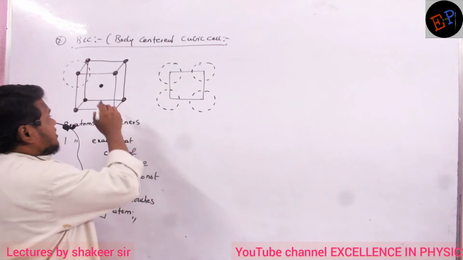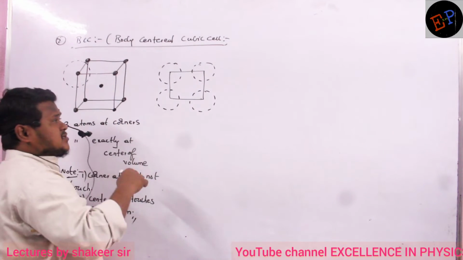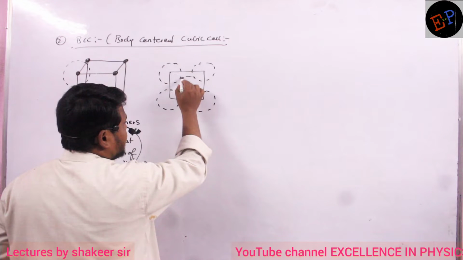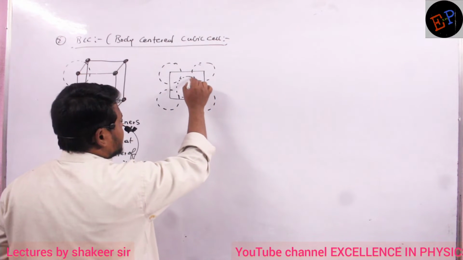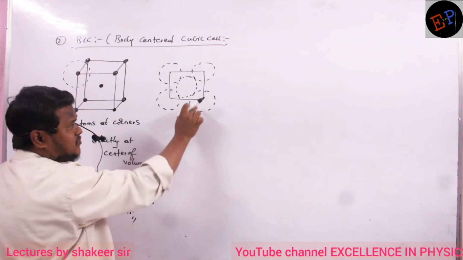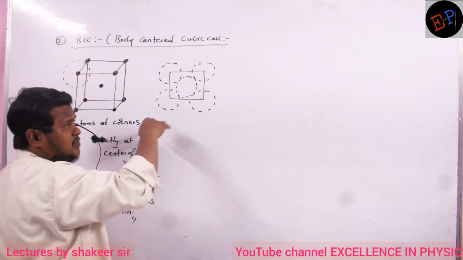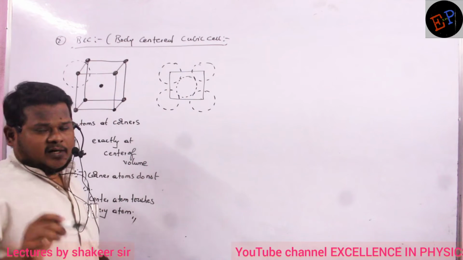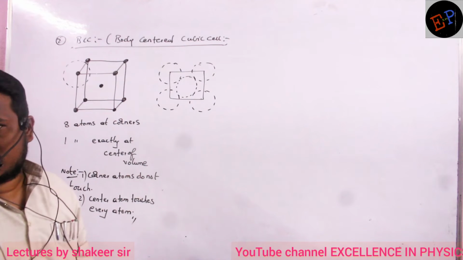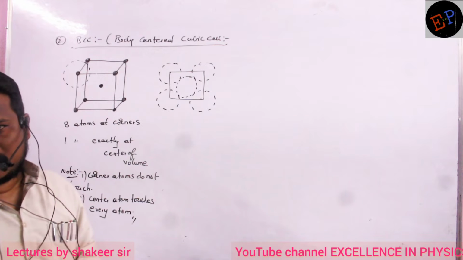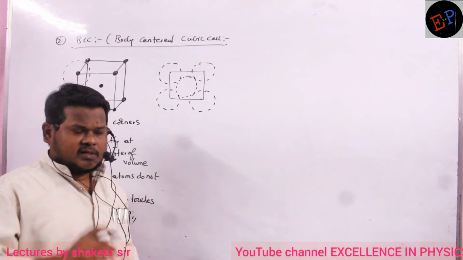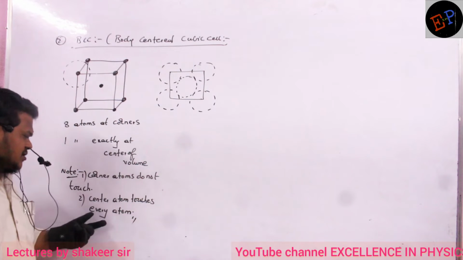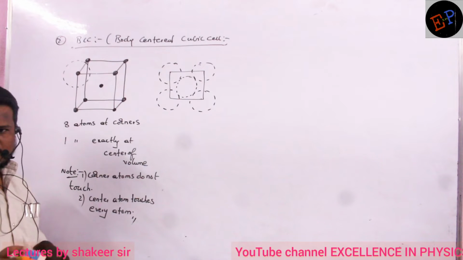So therefore, the atom which is present inside this cell is in contact with all the corner atoms. On one face you will have 4 corner atoms. On the back side also you will have 4 corner atoms. So this middle atom is in contact with 8 corner atoms. It is touching all the corner atoms. So this is the point about which atoms are touching and which atoms are not touching. Are you able to understand?